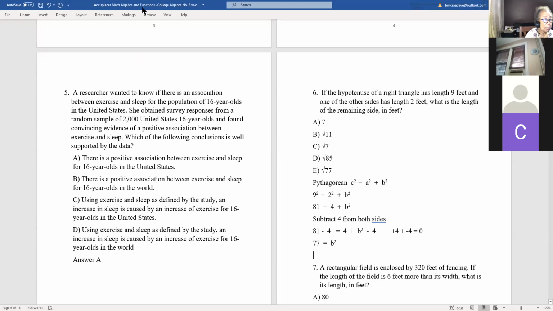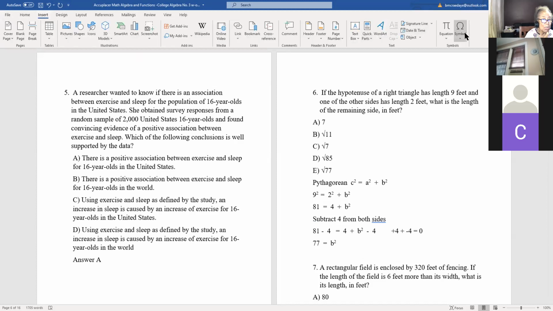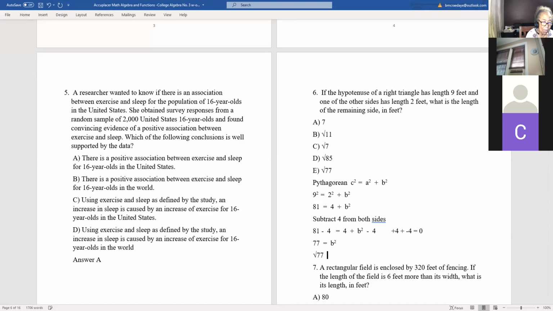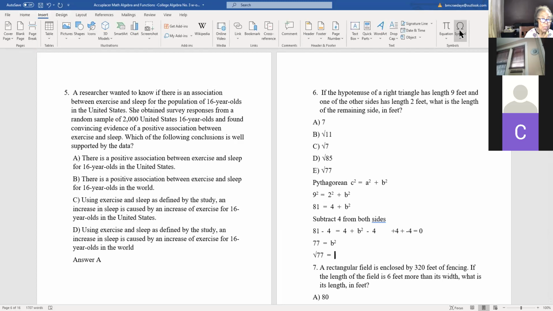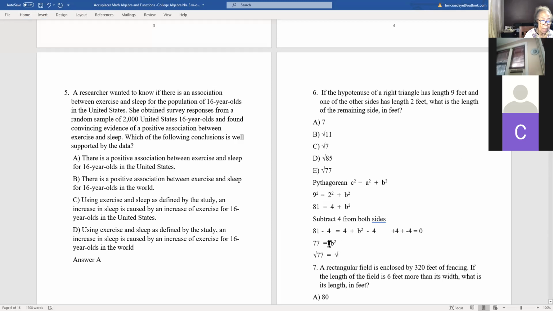So let's just put the square root here. Insert symbol, square root. So that's the square root of 77 equal. And we're going to put the symbol here. And that's b squared. What's the square root of b squared?